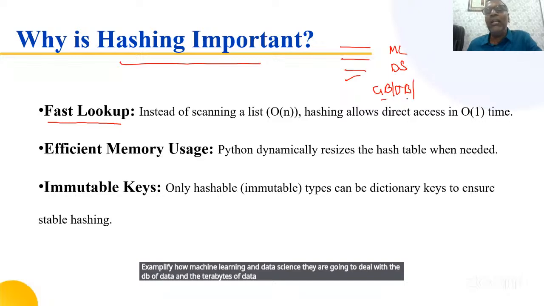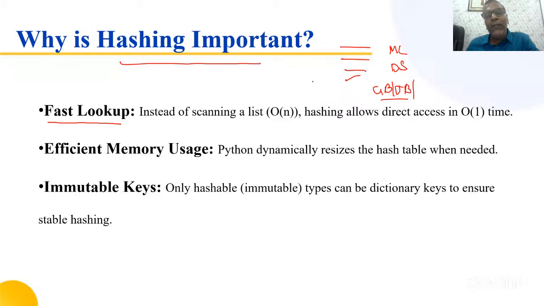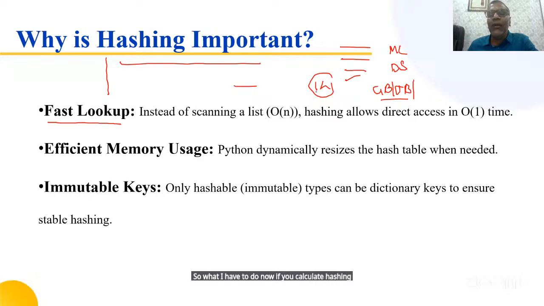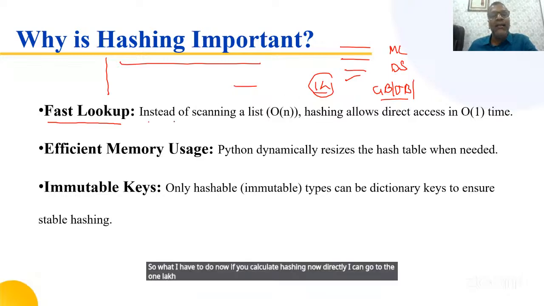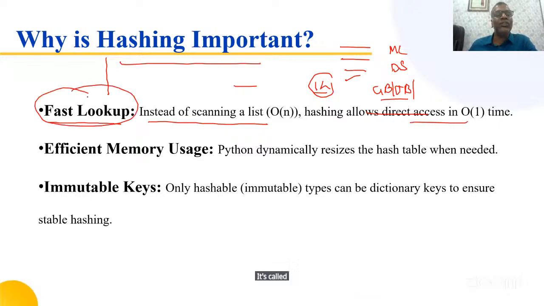Whenever you are dealing with a large and complex amount of data, what do we have to do? Now, I want to access 1 lakh records. So I cannot go sequentially. If you calculate hashing, directly I can go to the 1 lakh record. So instead of scanning each and every record, I can directly access the element. It is called a fast lookup.